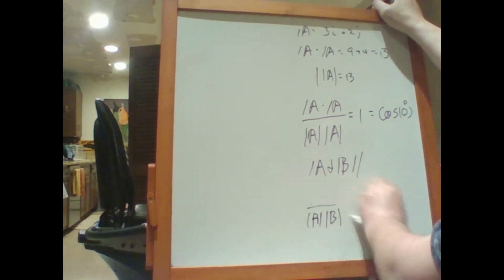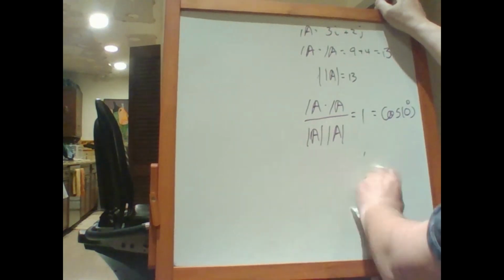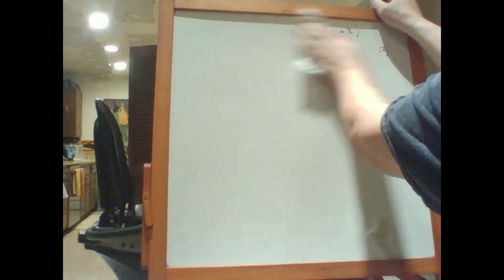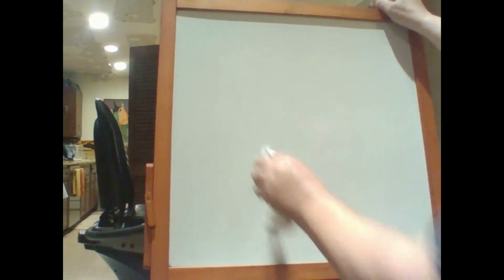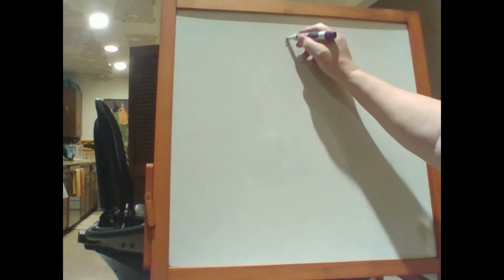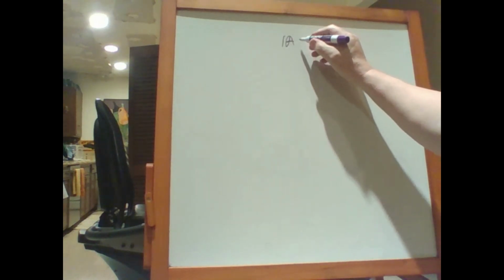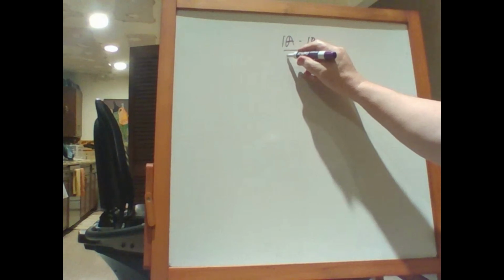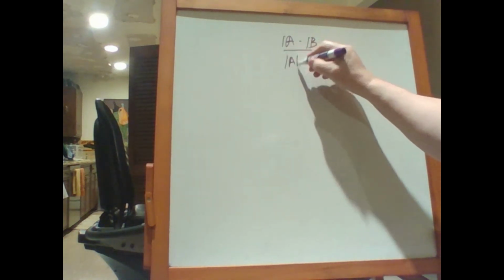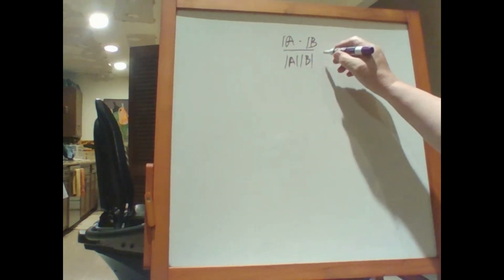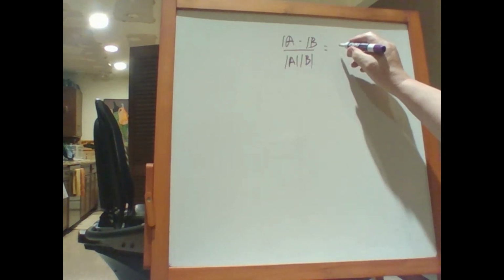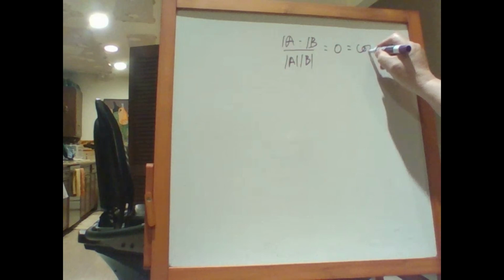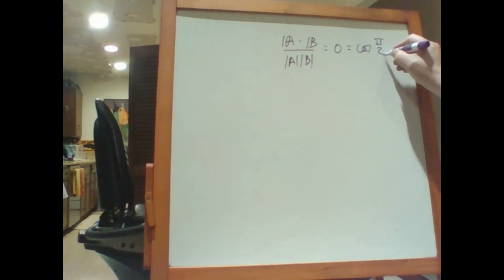Now, they're perpendicular if it's 0. So if A dot B over magnitude of A, magnitude of B must equal 0, which equals cosine pi on 2.